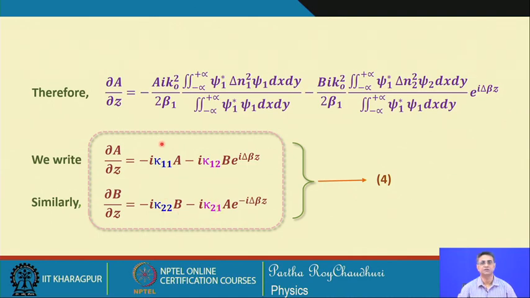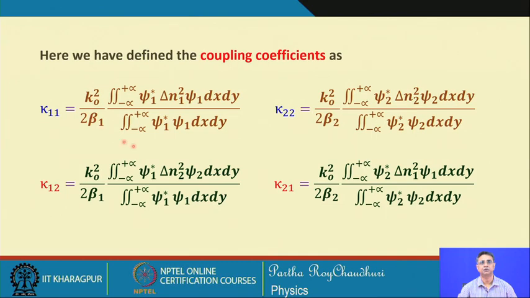These coupling coefficients use the expression k 0 square by twice beta 1, which gives the coupling coefficient kappa 1, that is k 1 star delta n 1 square psi 1, and kappa 2 which will include psi 2 delta n 2 square psi 2, and kappa 1 2 and kappa 2 1 are defined in this way.